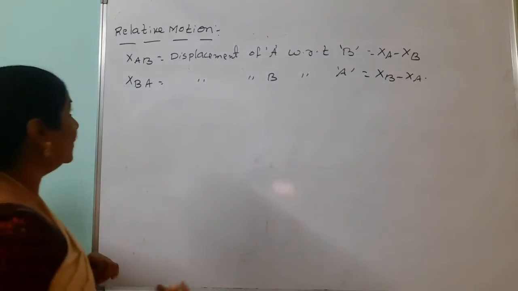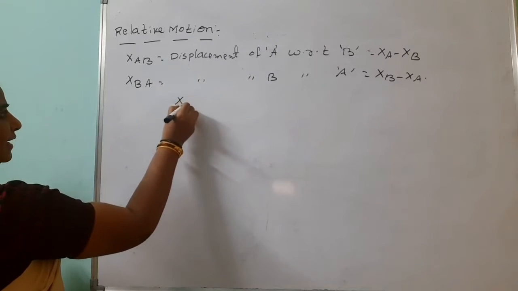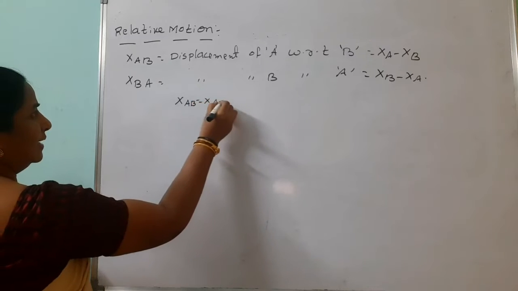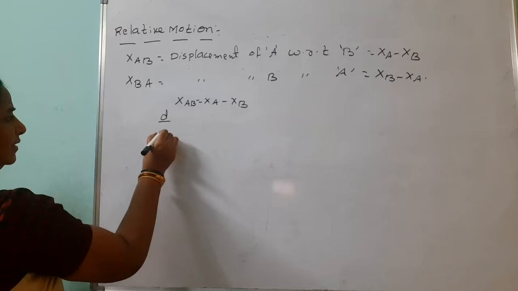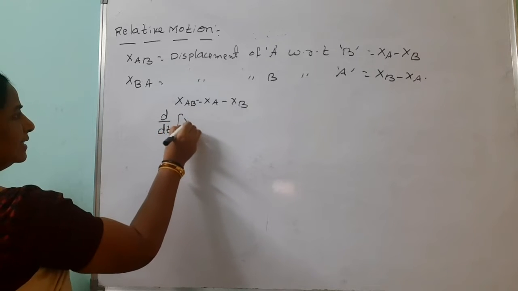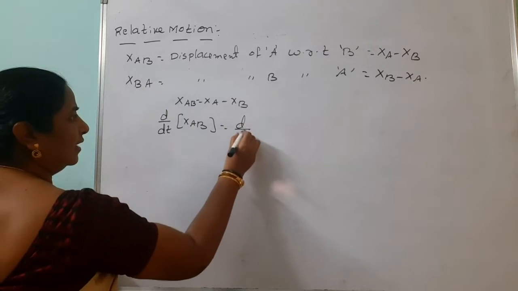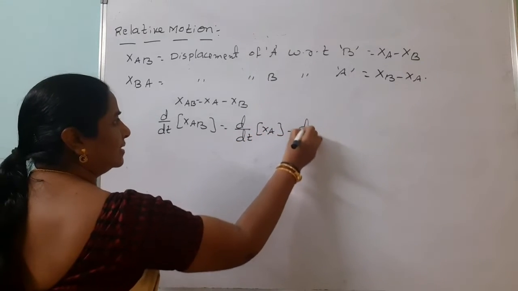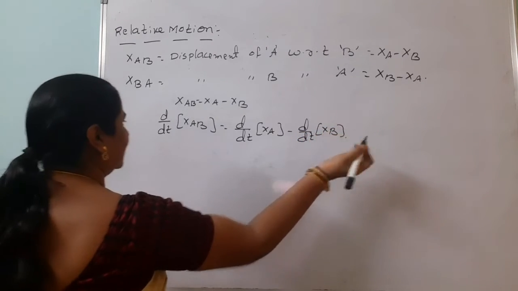Like that, how to write the relative velocity? Look here. We write XAB equals XA minus XB. Then we differentiate with respect to time. Relative velocity is the rate of change of displacement of the first body minus the rate of change of displacement of the second body with respect to time.